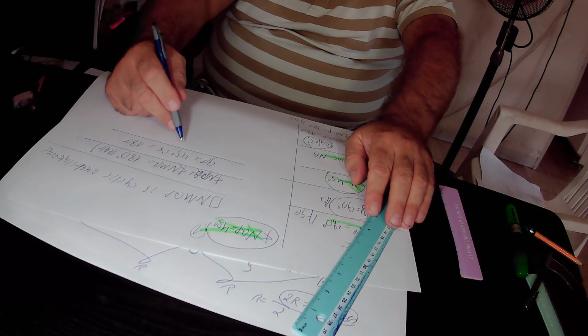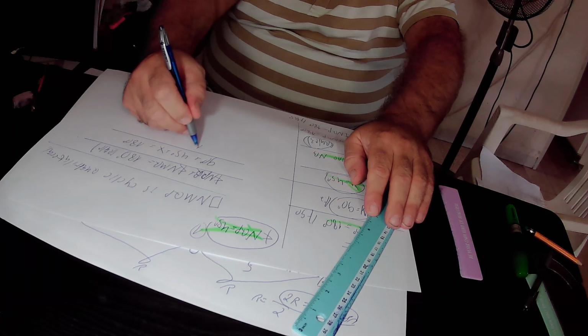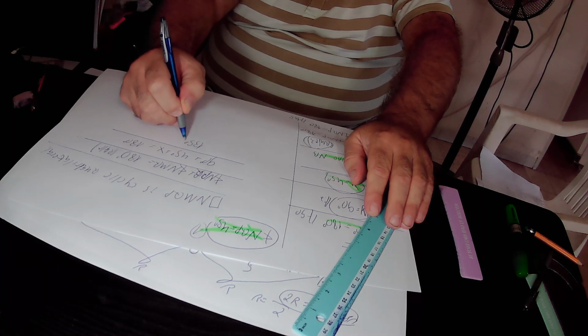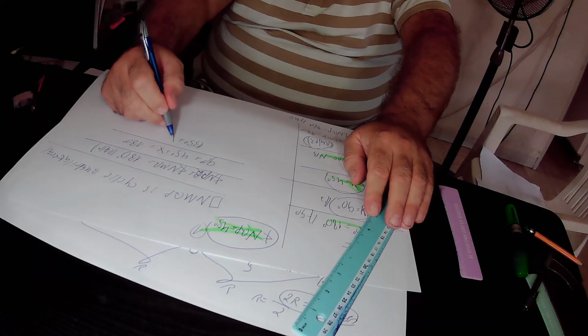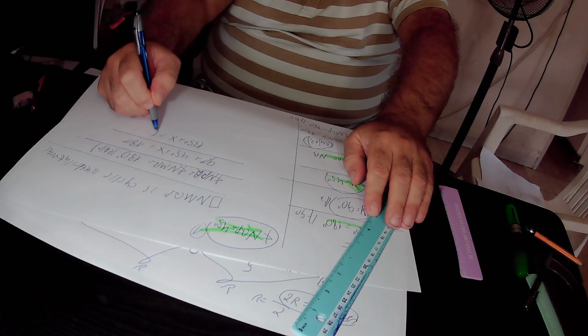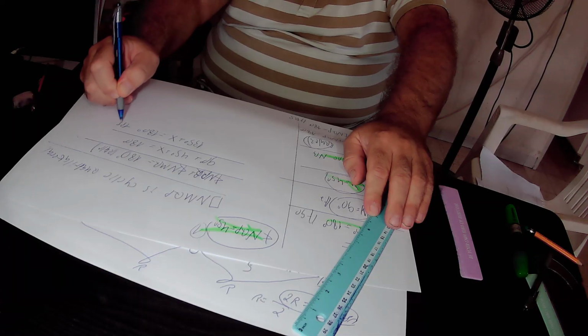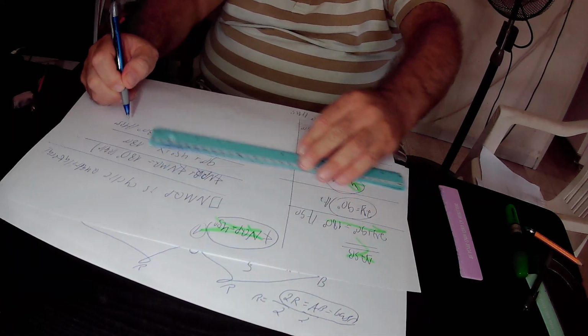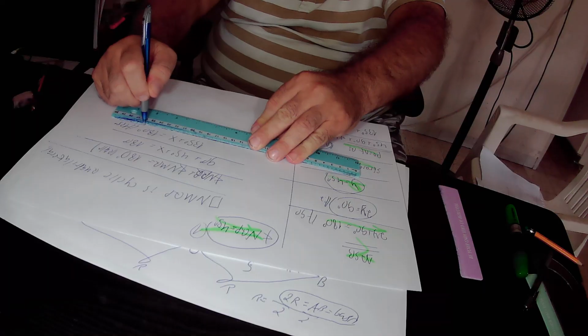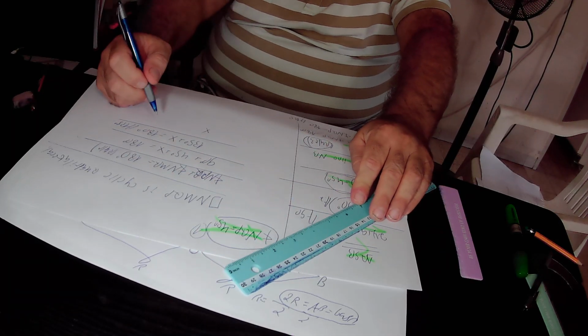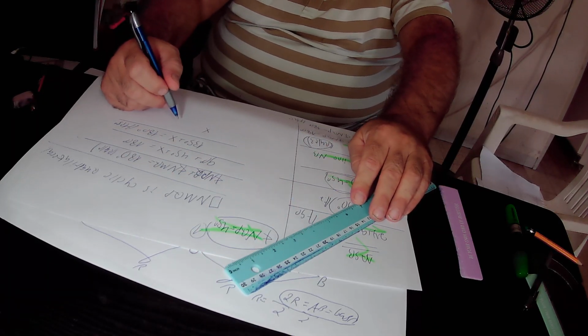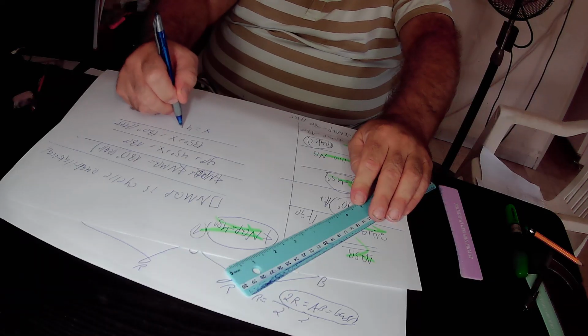90 degrees plus 45 degrees is 135 degrees. So 135 degrees plus the missing angle X in total must be equal to 180 degrees. Here we subtract 135 degrees from 180 degrees, and we get that the missing angle X is equal to 45 degrees.